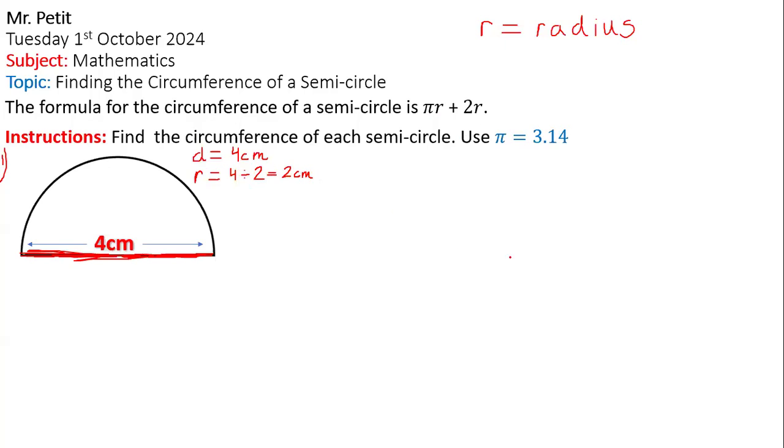All right, Alexia Brown, do you understand that so far? The radius is 2 centimeters, the diameter is 4 centimeters. You're very low. Can you speak in the mic? I could barely hear you.